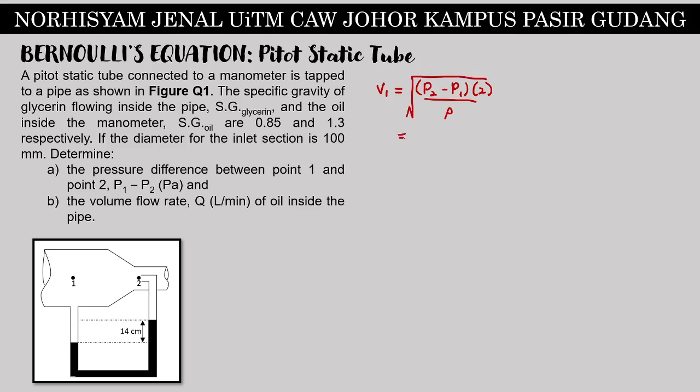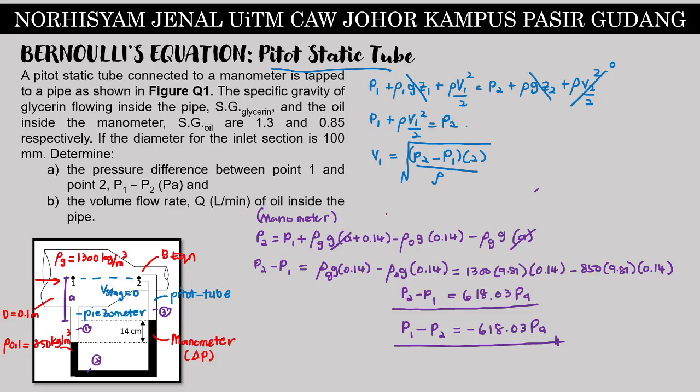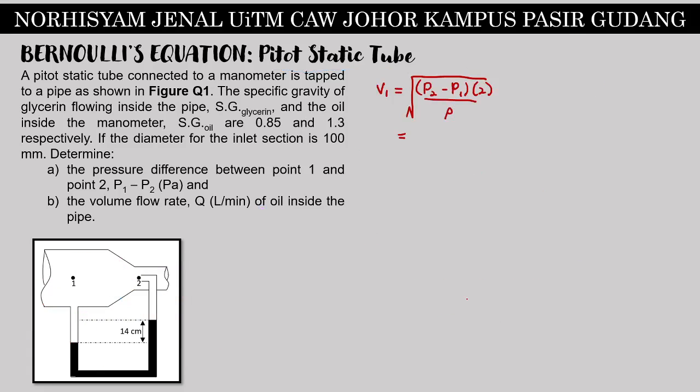Okay, so we replace P2 minus P1 with this number, 618.03. So 618.03 multiplied by 2 divided by the density. So what density are we going for? This density over here, because this is on Bernoulli equation, it's on the piping system or the nozzle over here.